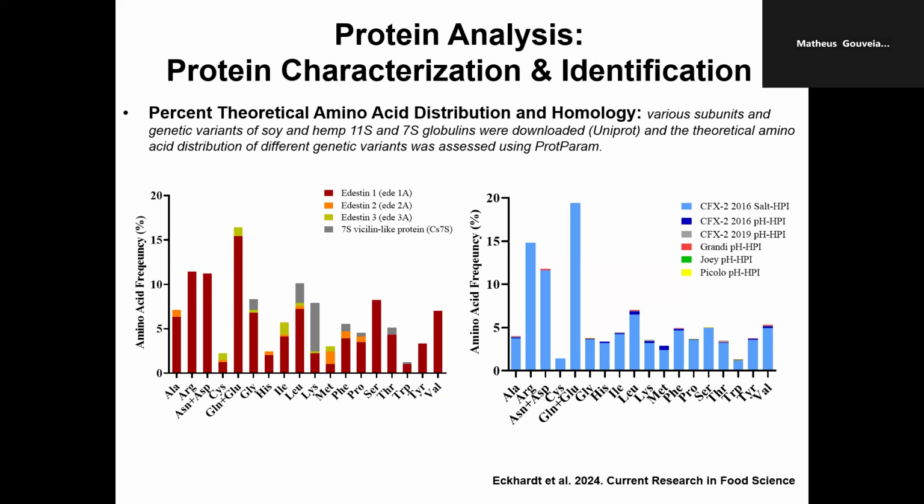So this is work we did with hemp protein, different varieties, extracted under different conditions, and we did amino acid composition, and we compared it to the amino acid composition of known components. Edestin is the main 11S globulin in hemp. And we looked at comparing the profile to what has been identified in literature to determine which genetic variant is more dominant in these different varieties. So that was a cool theoretical comparison.